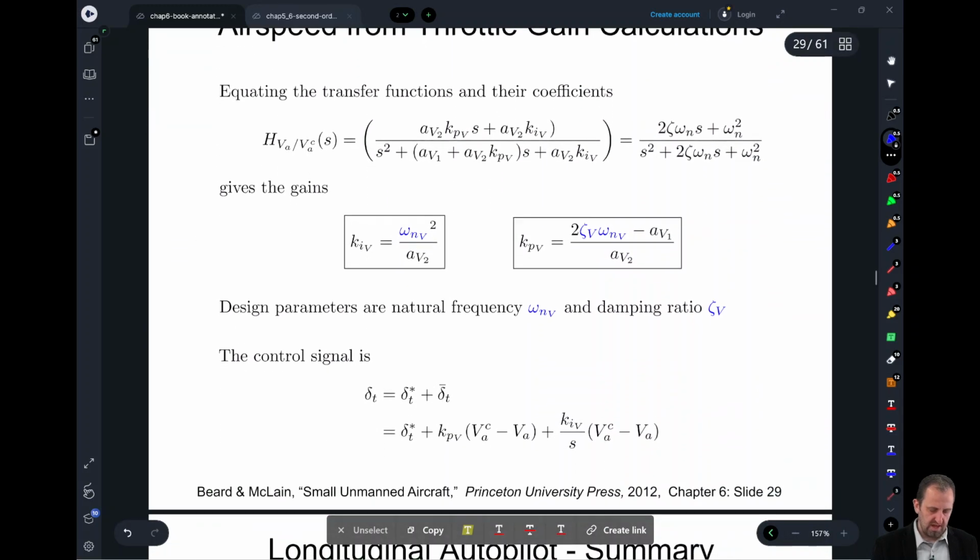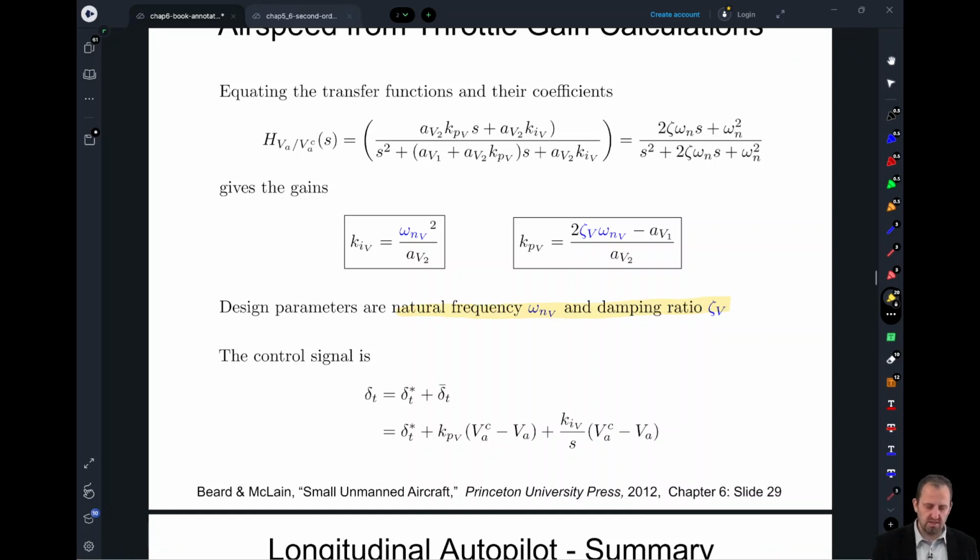Again, we do the same trick. We look at our transfer function, and we have a 0 up top like we did in a previous controller. But now the things we choose are our natural frequency and our damping ratio. And from that, we can calculate our gains again. So very similar to before.